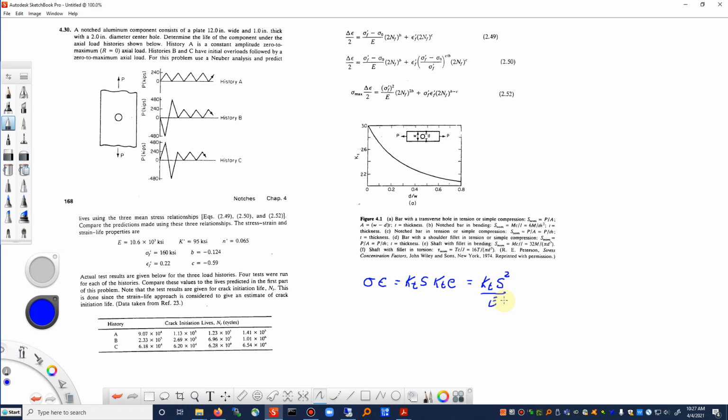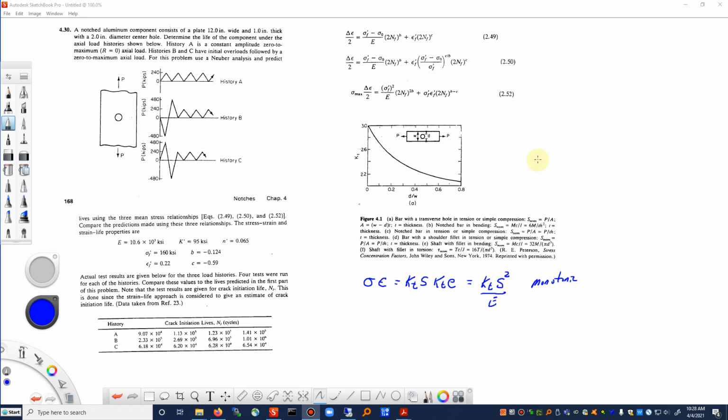So on our first excursion from 0 to 240 kips, we'll use the monotonic version of Neuber's rule. In the next steps, we'll use the cyclic version of Neuber's rule. So let me write that down as well.